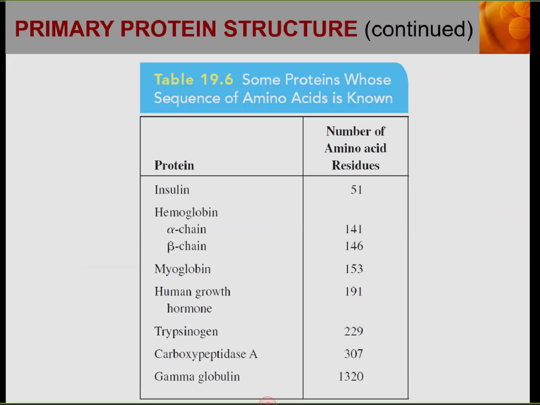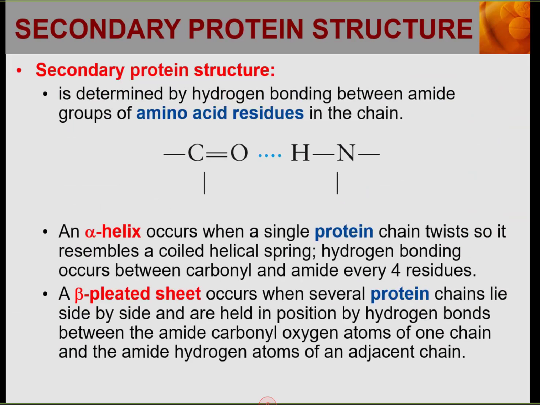So let's go ahead and look at the secondary structure. The secondary structure of a protein is determined by hydrogen bonding. It's a hydrogen bond between the oxygen of the carboxylic group and the hydrogen that's on the amino group.